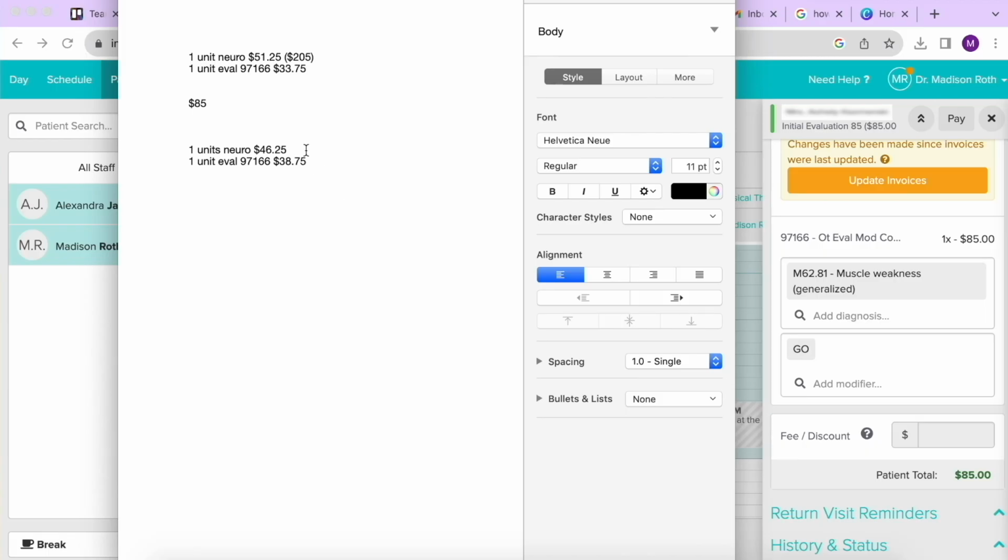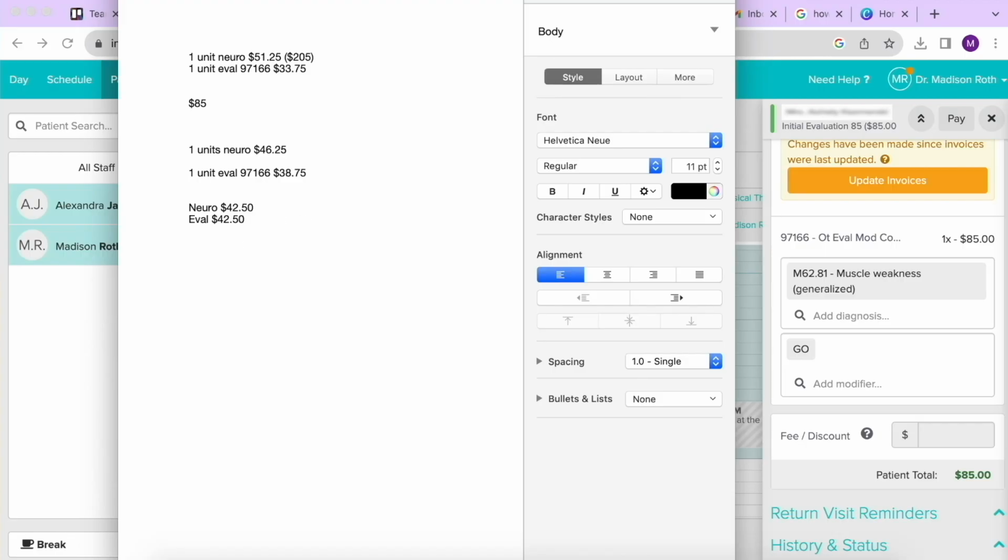The reason for this is that you only do the eval once, and the insurance wants to see that things are consistent. Say you divided 85 by 2 and billed 42.5 for the eval and 42.5 for neuro.